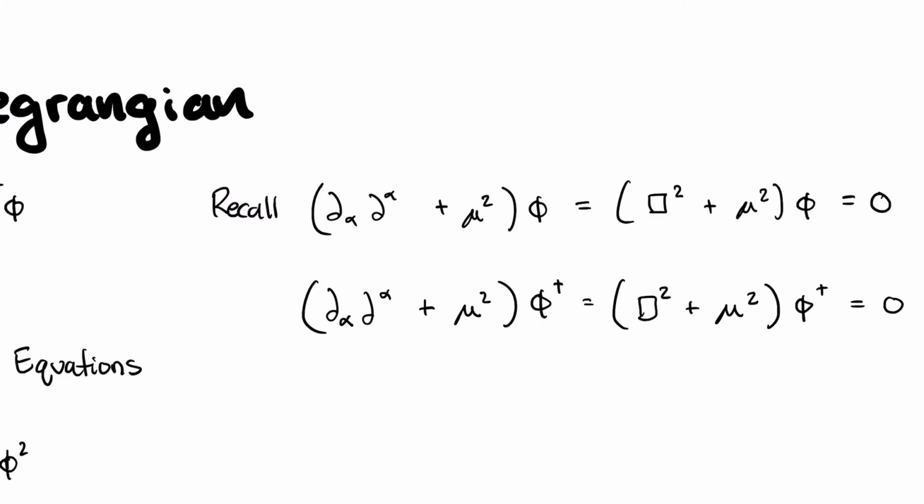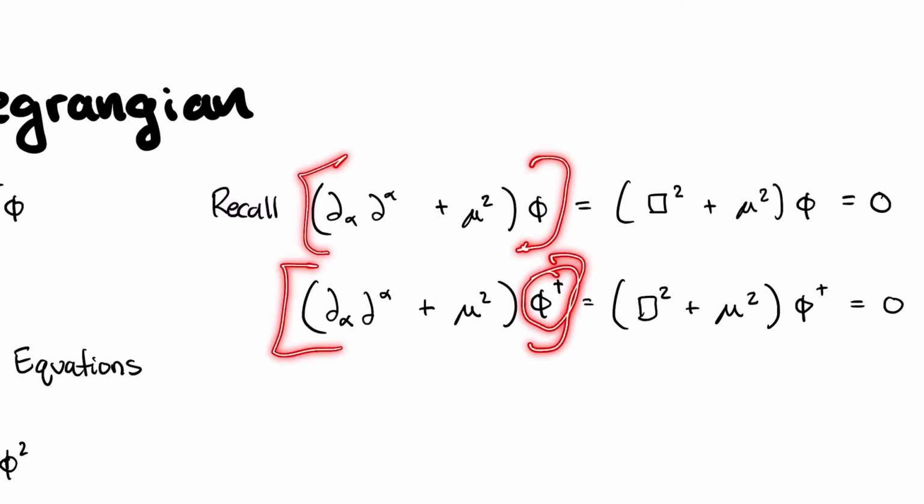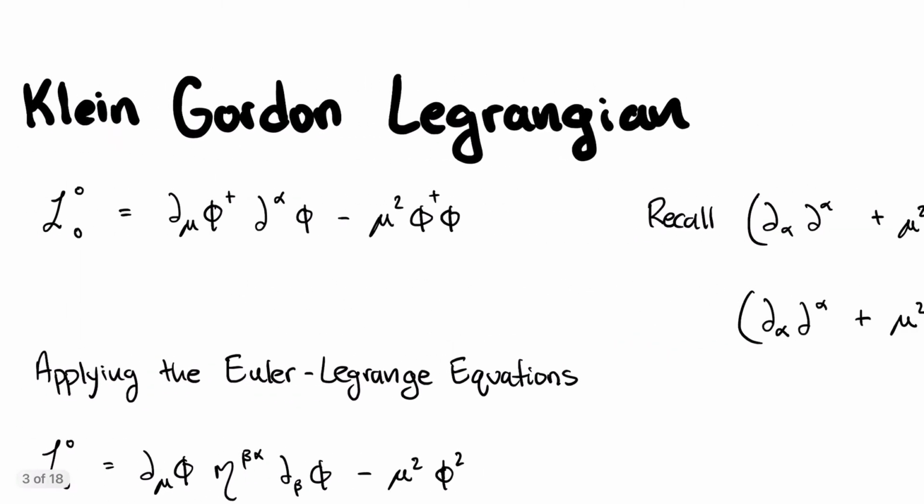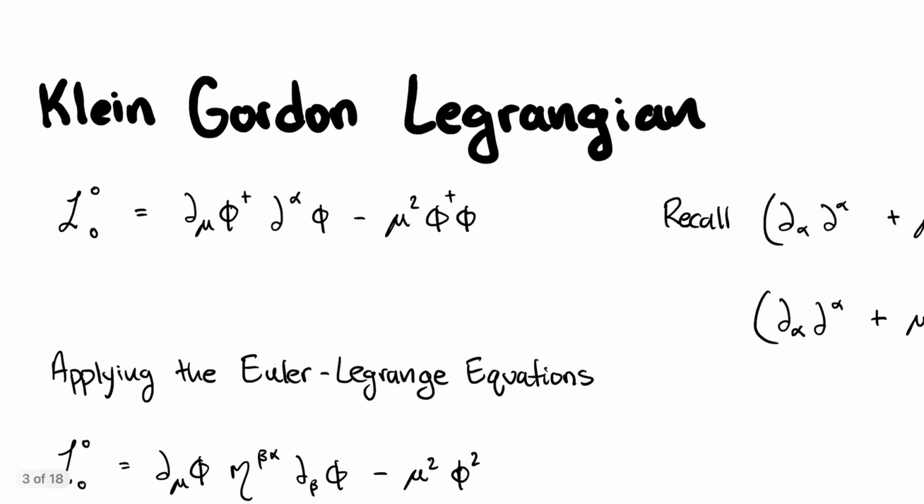Now, we've derived this before, and I'm not going to derive it again, but you can go back and take a look at the video that did derive the Klein Gordon equation, and look at the similarities between this here and this here. The only difference, again, is that the Klein Gordon equation should work on the complex conjugate of the solution.